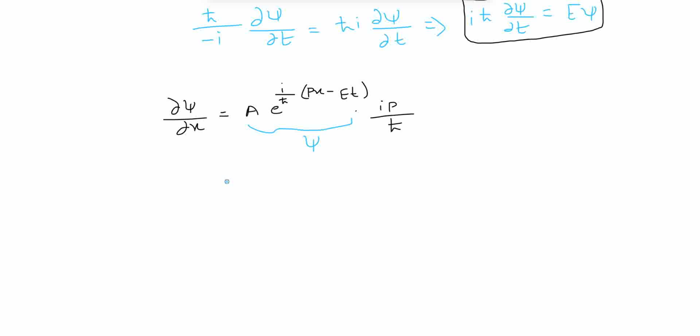By rearranging the terms, we get h bar by i dou psi by dou x equal to p psi. But h bar by i is nothing but minus i h cross.